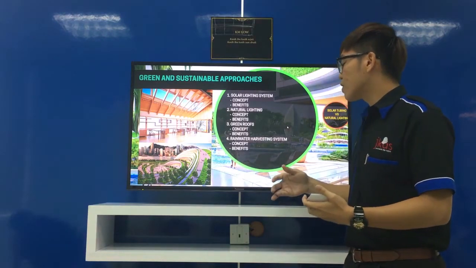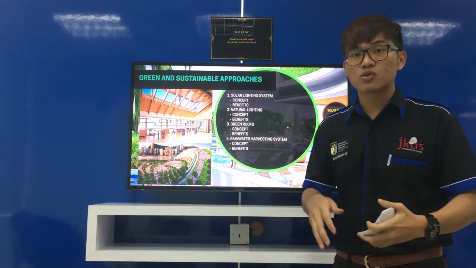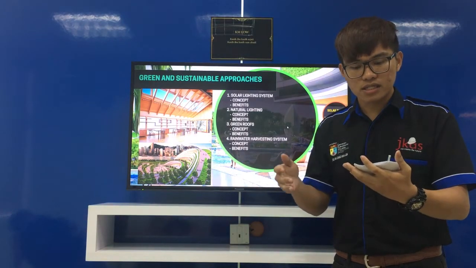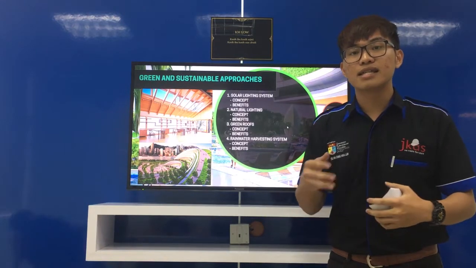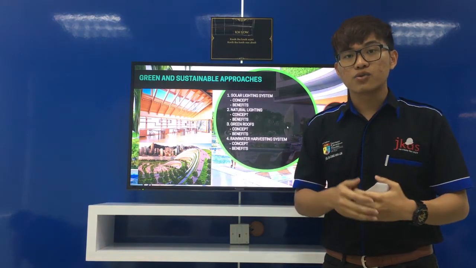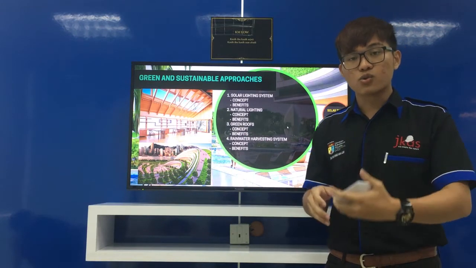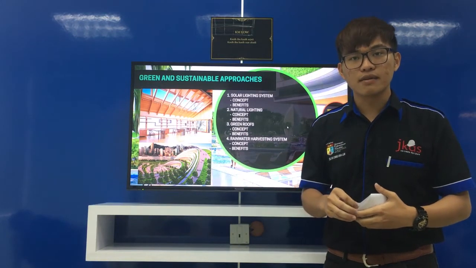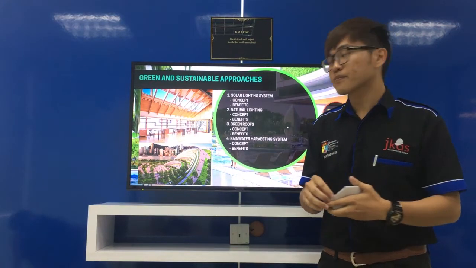The green roof also brings us many advantages. It can lower the urban air temperatures and mitigate the heat island effect, reduce the air conditioning cost, reduce the carbon monoxide impact, and also neutralize the acid rain effect.